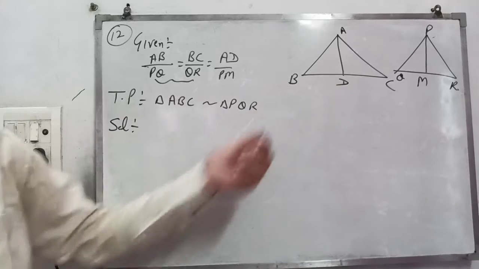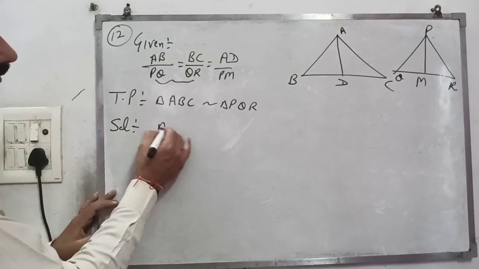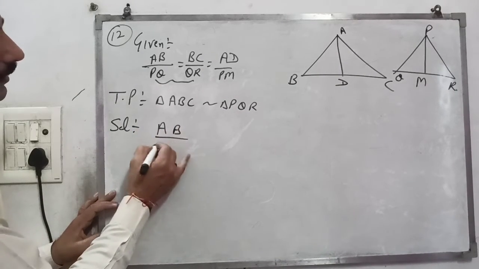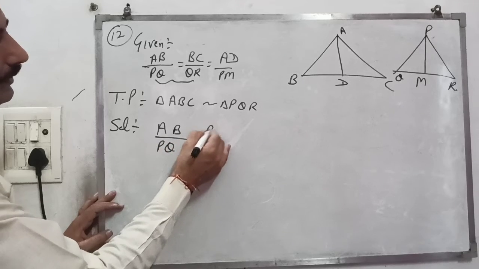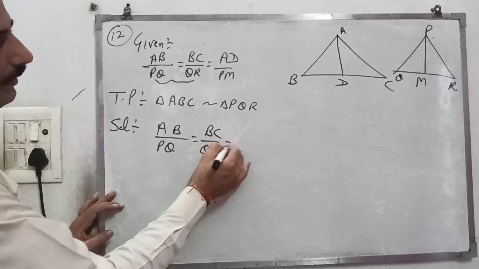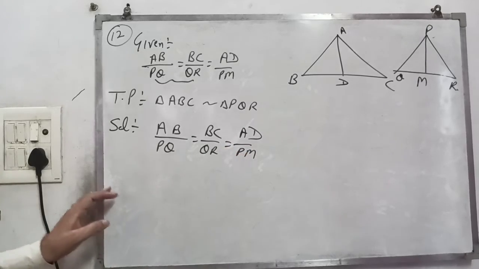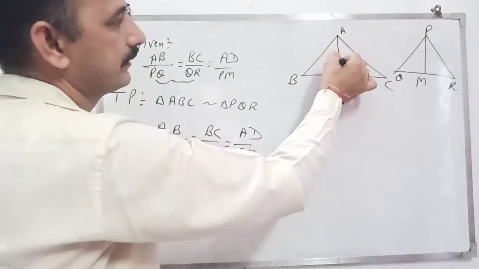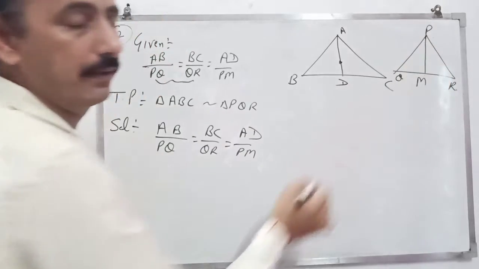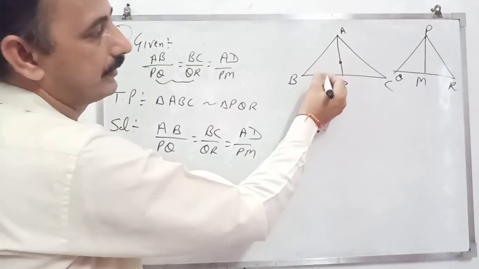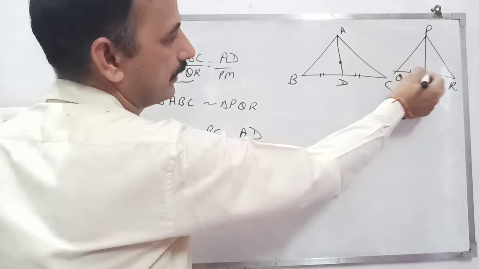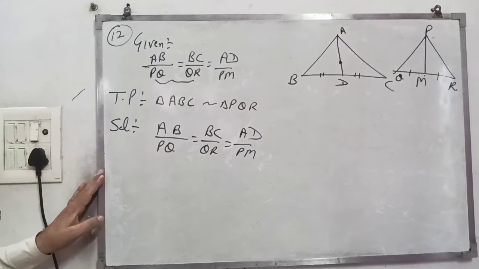No. So what can we do? We use the given: AB upon PQ equals BC upon QR equals AD upon PM. Now AD is the median and PM is the median, which means it divides the side into two equal parts.